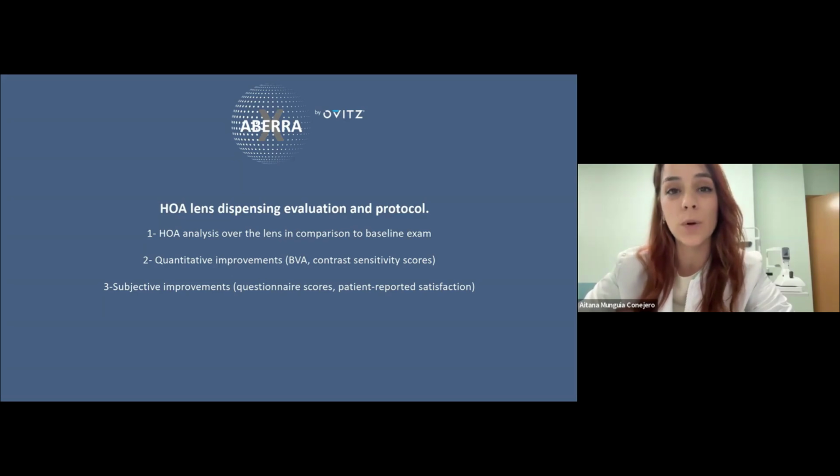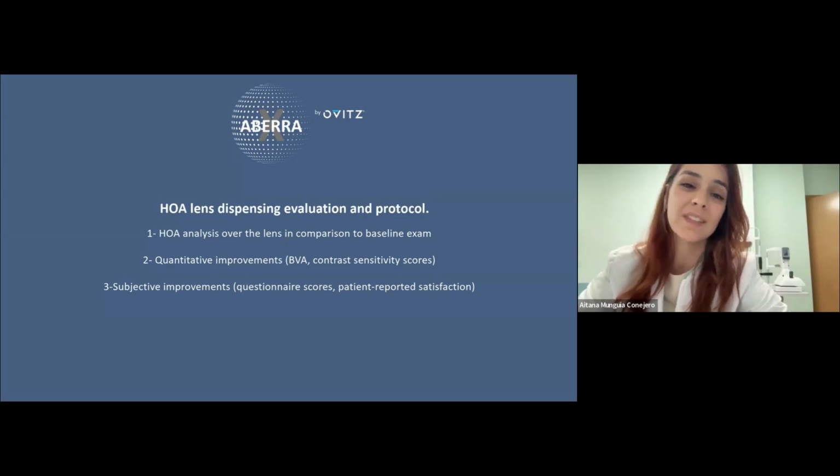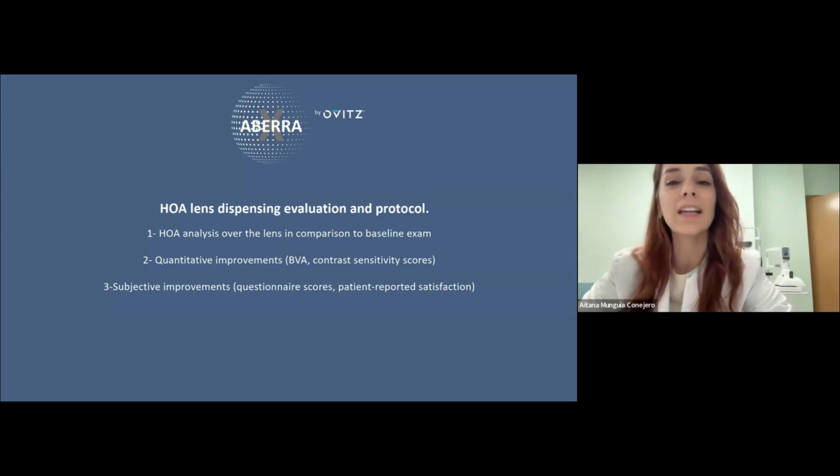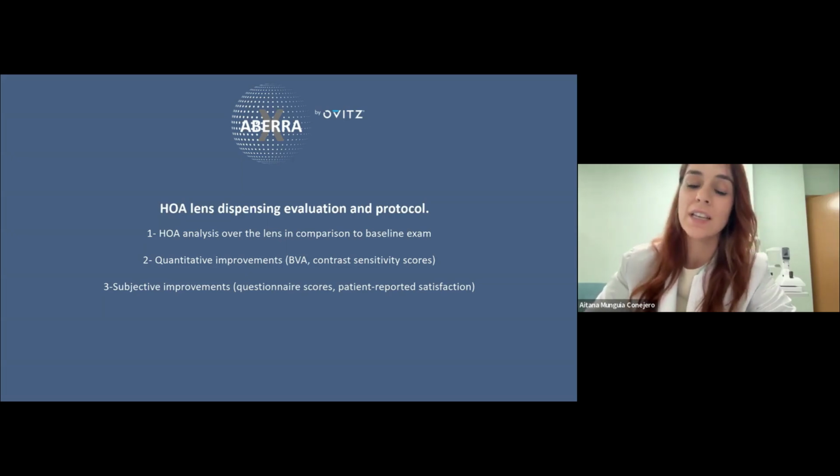The second evaluation is to assess the quantitative objective vision, the part that we can see objectively. And lastly, we can assess the subjective improvements in the visual performance.